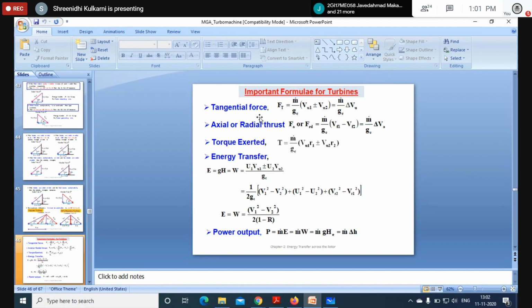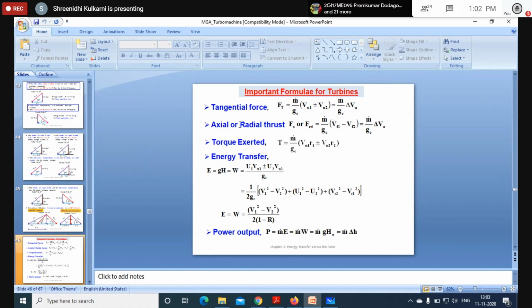Next, for axial or radial thrust, one is the axial component and the other is the tangential component. Tangential means Vu1 and Vu2. Similarly for axial, we can write it as Fa, which is m into Vf1 minus Vf2.